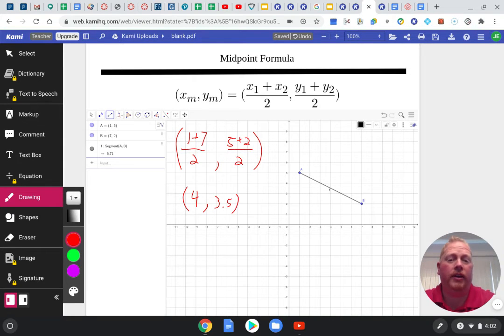So that's the coordinate of the midpoint. So if I go over 4 and up 3.5, that would be my midpoint. Looks right in the middle to me. So that's the midpoint formula. Just add up your x-coordinates, divide by 2, add up your y-coordinates, and divide by 2.